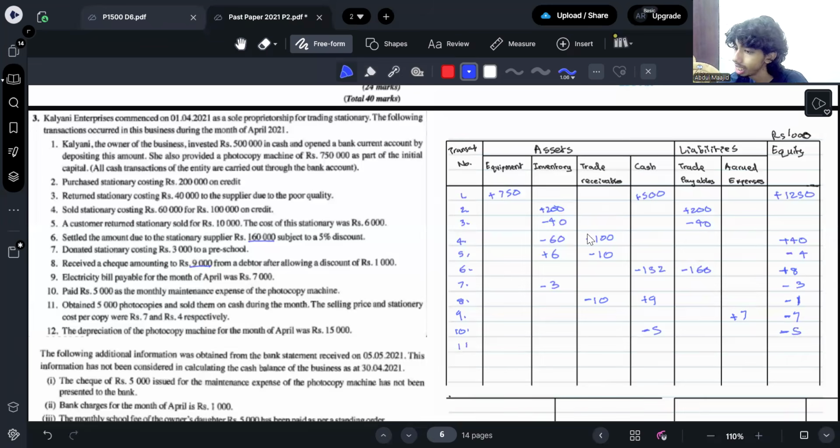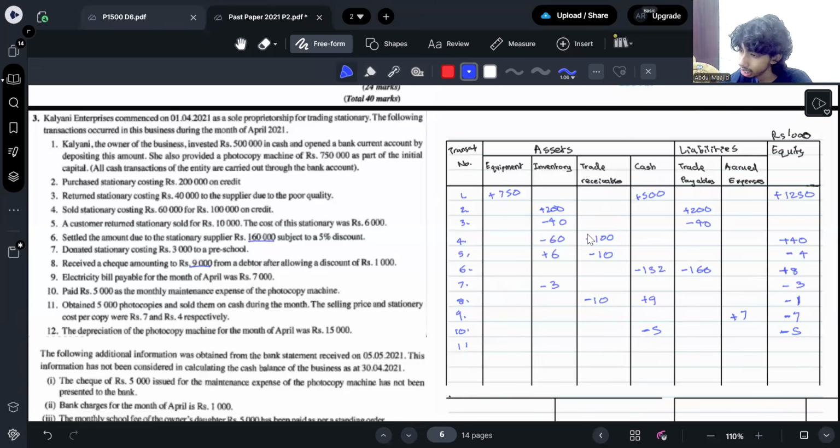11th one: obtained 5,000 photocopies and sold them for cash during the month. The selling price and stationery cost per copy were 7 and 4. For one photocopy, you're selling it at 7 rupees. Stationery cost, maybe you can take the A4 paper charge and the ink charge, the average cost for one page, totally 4 rupees for one photocopy.